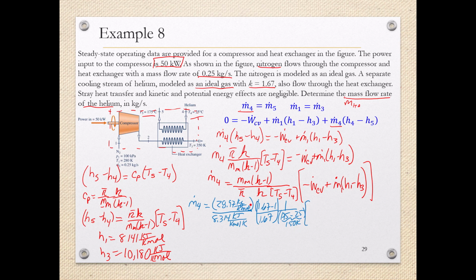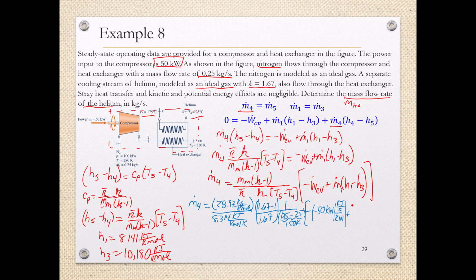So Kelvin cancels. Kilomoles, we got kilograms over kilojoules. And then here we have a negative 50 kilowatts, which is a kilojoule over seconds. And then we have our mass, which I'm going to divide by molar mass so that I can get rid of the moles here.